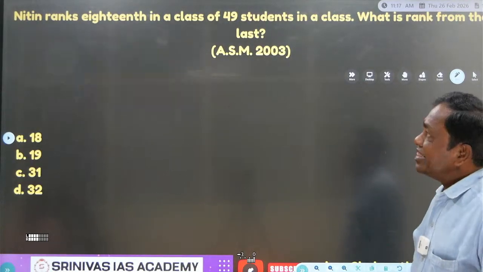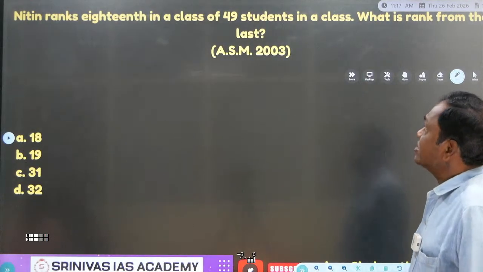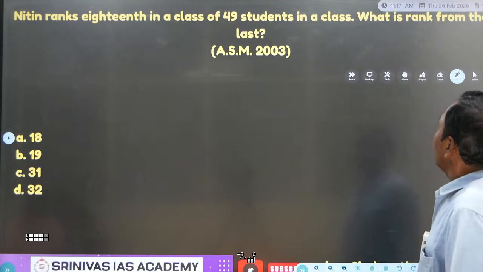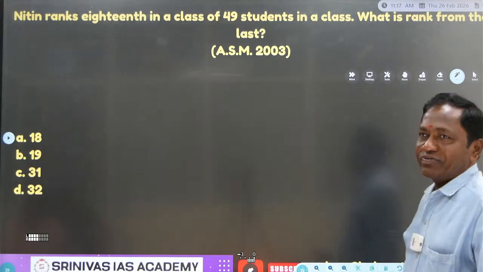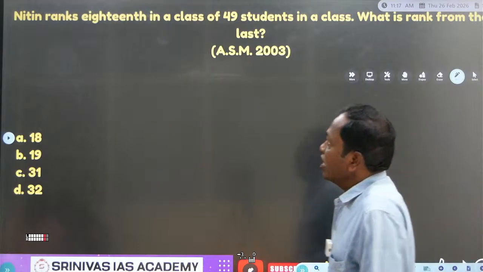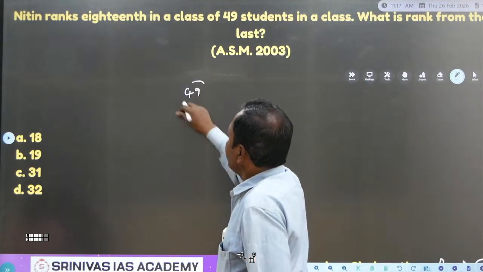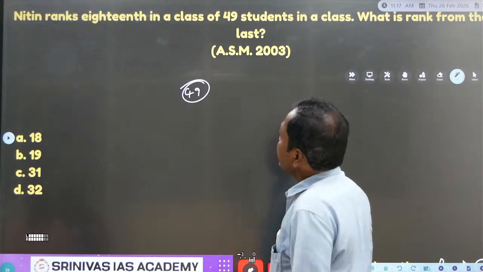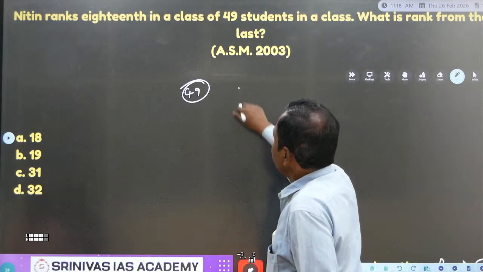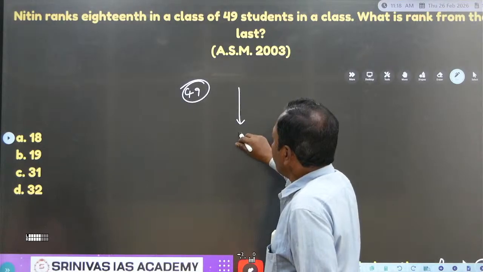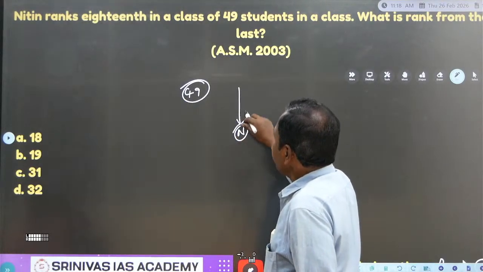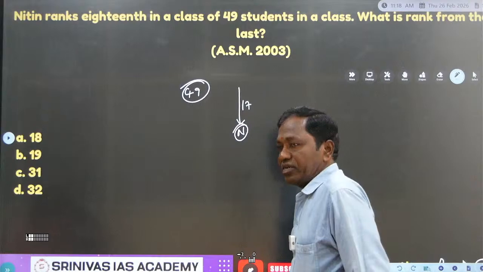Next, Nitin ranks 18th in a class of 49 students. What is the rank from the last? Very simple one. The total size of the class is 49. Nitin ranks 18th from the top, which means there are 17 above him.